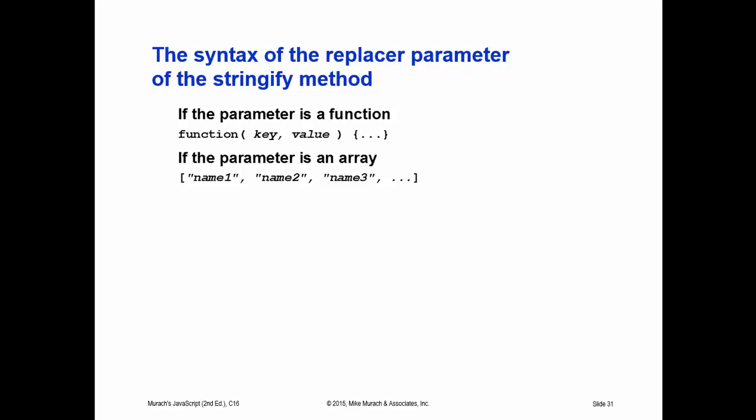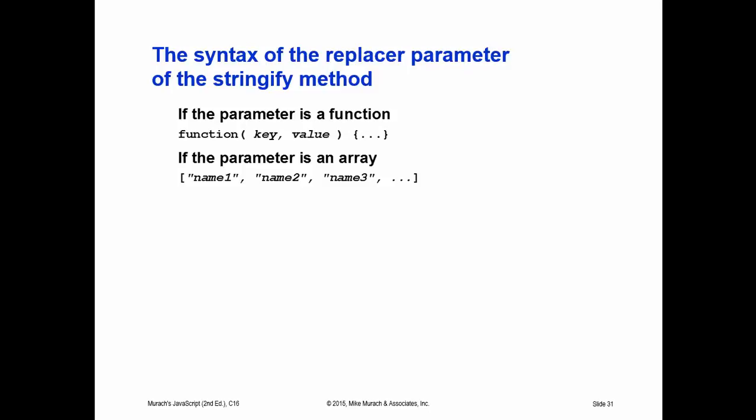So the figure that you see here shows the syntax, which can be either a function or an array. If it's a function, it's called for every property or array element, and it returns the value to be serialized. If it's an array, the values in the array indicate which object property should be serialized. In other words, what a replacer does is it's a whitelister. It tells you what you want and what you don't want to serialize.